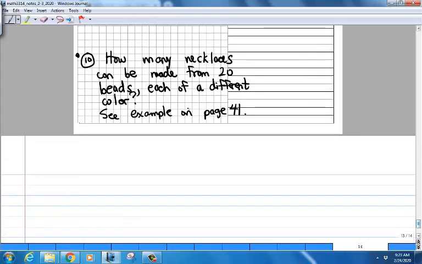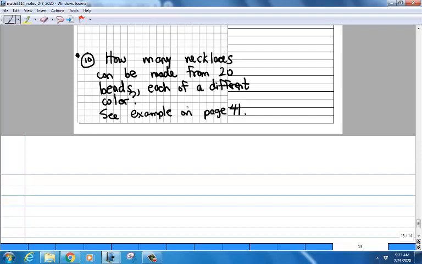This problem is interesting, but I'll leave it for the book. How many necklaces can be made from 20 different beads if each one is a different color? That sounds like arranging the 20 students in the class in a circle, so it sounds like 19 factorial, but the book has an interesting little catch to this problem, so you can read that on page 44.